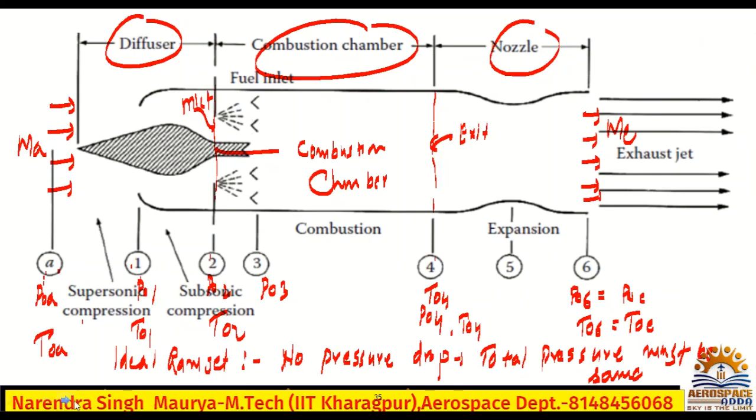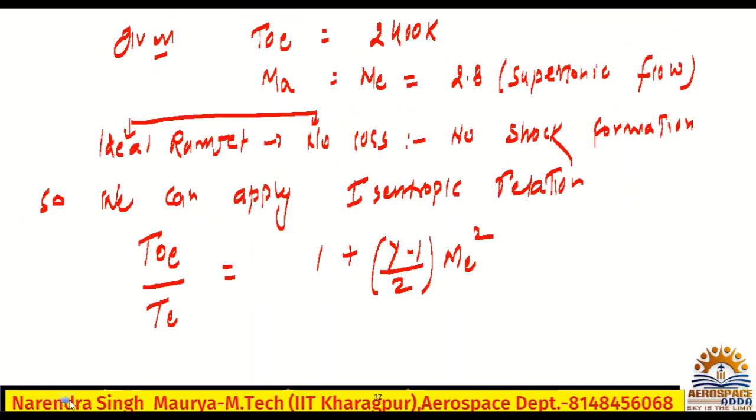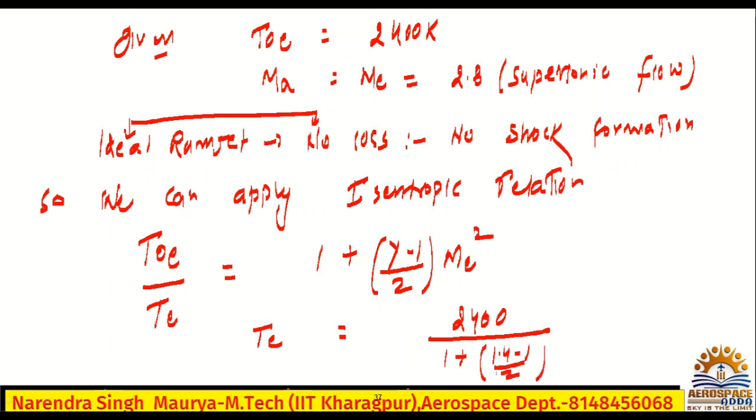We'll put all the values and calculate TE. I will write this. TE is equal to T naught E, which is 2400 divided by 1 plus (1.4 minus 1) by 2 times ME, 2.8 square.